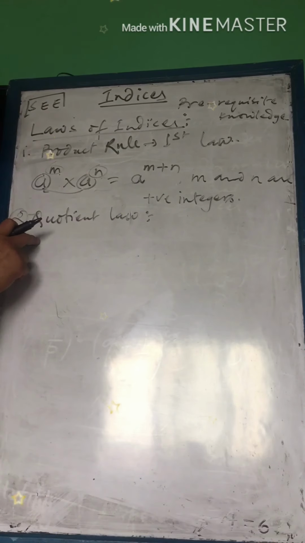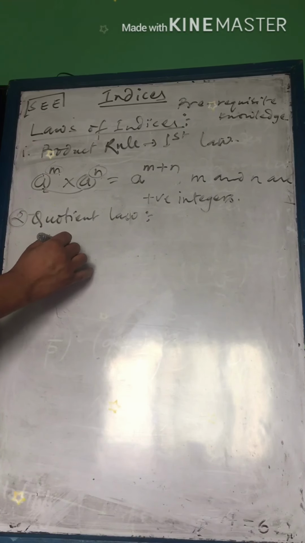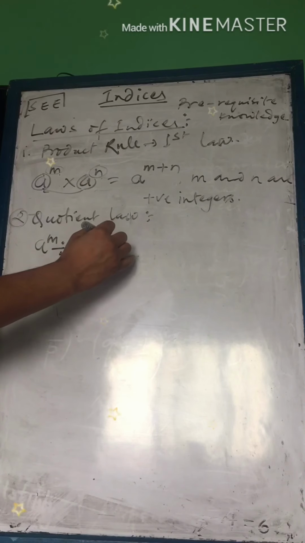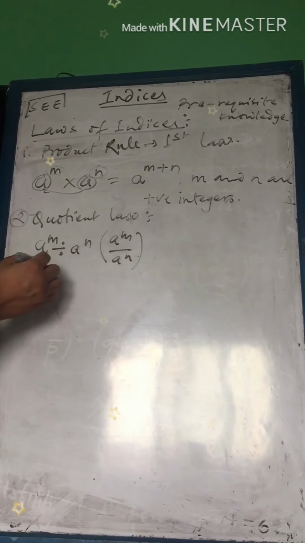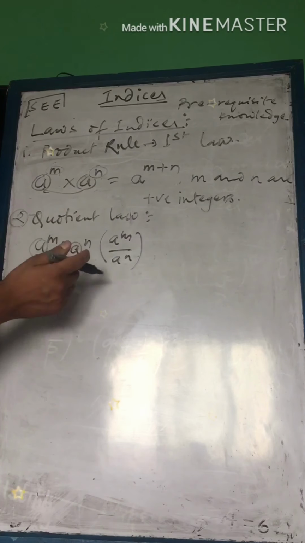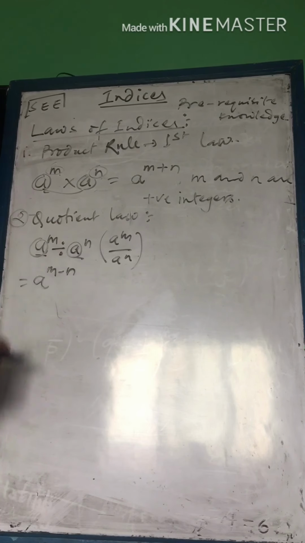So here, when indices having the same base are in division form, which can also be written as a to the power m upon a to the power n in fraction form, they can be divided and their result is obtained by subtracting their powers.